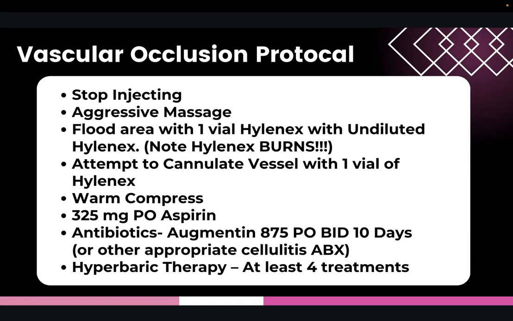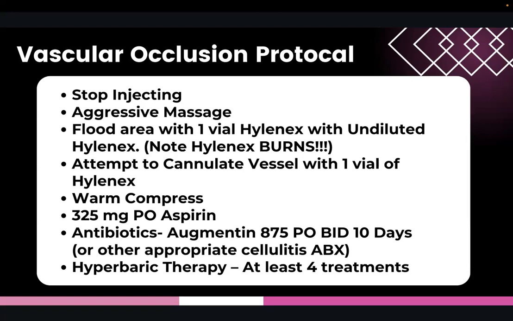If you are still not getting good blood flow back, at that point you're going to attempt to cannulate that vessel with 1 more vial of Hylenex, and then you should be getting good blood flow if you do have good flashback. Again, you're going to try to cannulate that vessel. So let's say I'm injecting the lower lip and I accidentally hit that inferior labial artery.